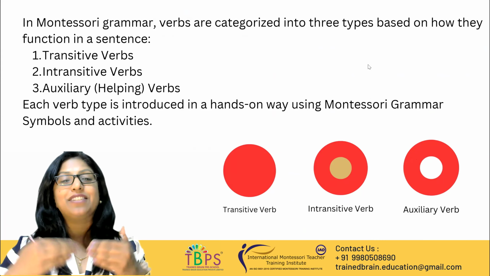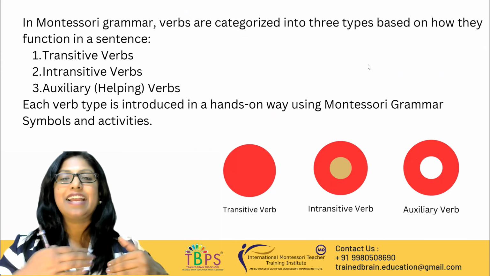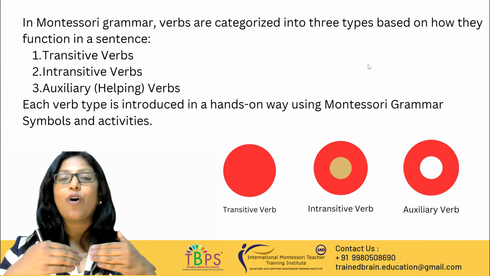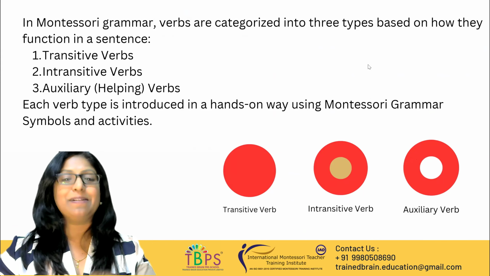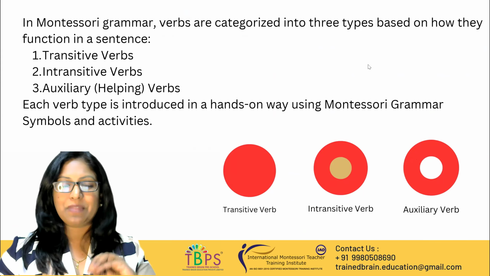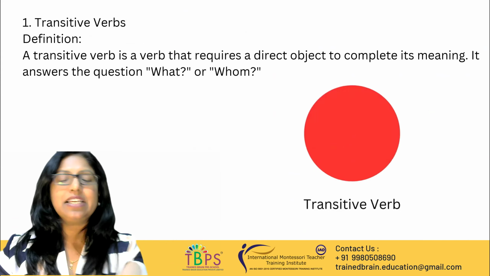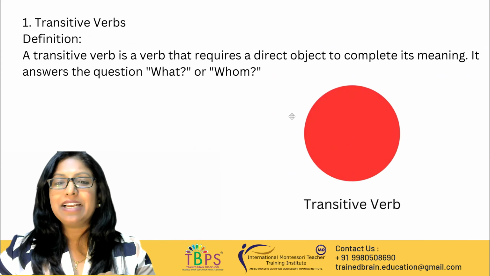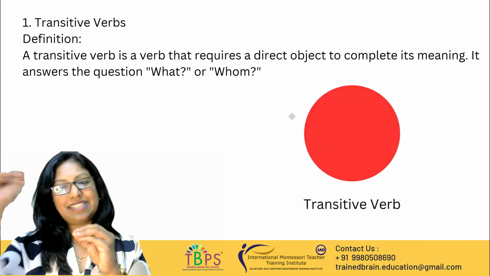That is when we further classify: is the verb a transitive verb? Is the verb an intransitive? Or is the verb an auxiliary verb? So let's take some more examples in understanding each type. To begin with, what's a transitive verb? A transitive verb is a verb that has a direct object to complete its meaning.